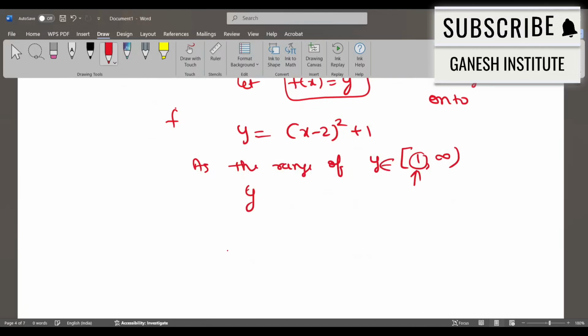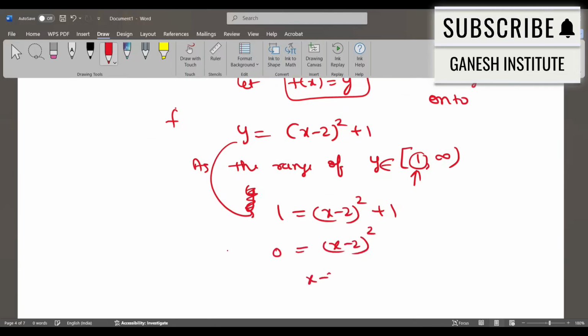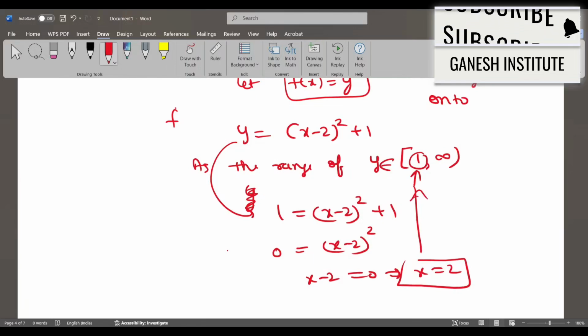That will be, if you substitute here 1, so x minus 2 whole square is 0. So x minus 2 is 0, x is 2. The only value which will satisfy it. Clear?